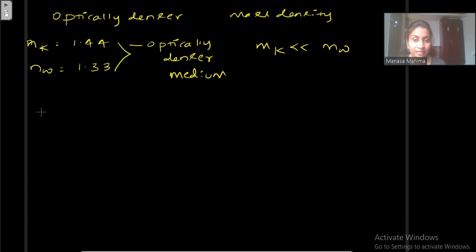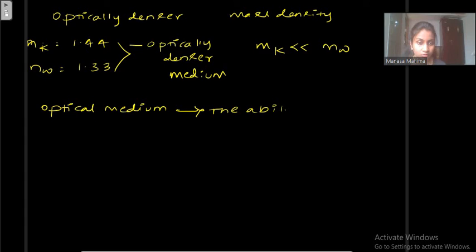Okay, what does optical medium represent? In a sense, we have to take the optical medium as the ability of the medium, or else you can take optical density.